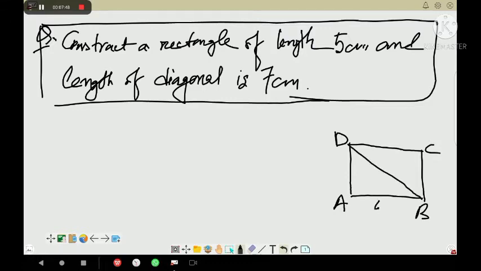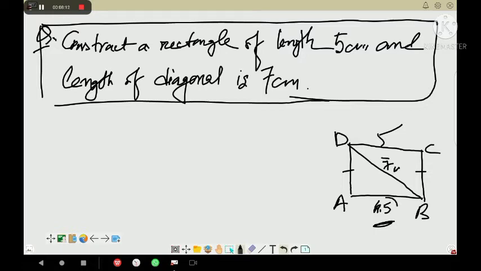One side is 5 centimeters and the diagonal is 7 centimeters. The length of one side is given and the length of one diagonal is given. So BC is also 5 centimeters, and this value is equal to this value.